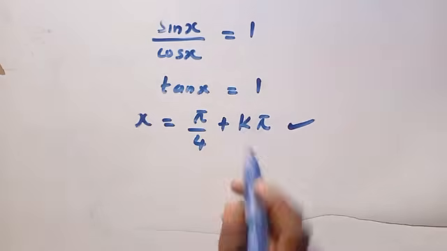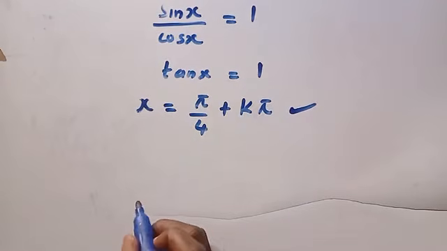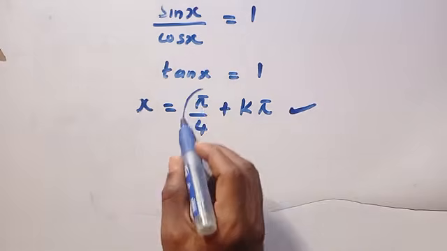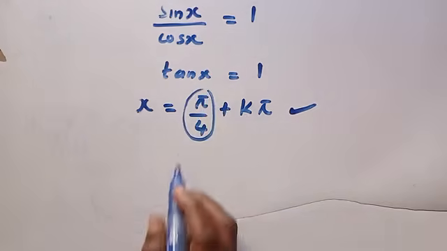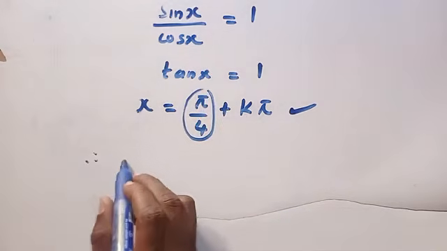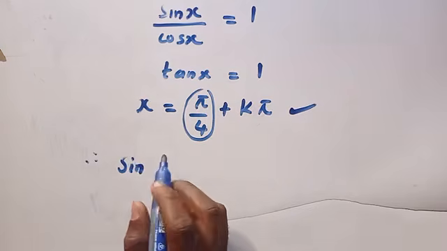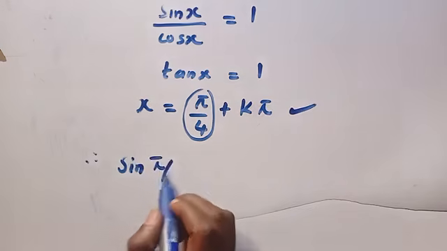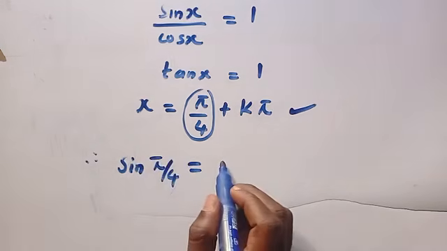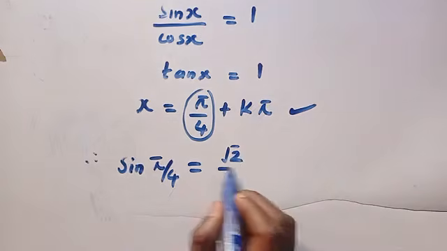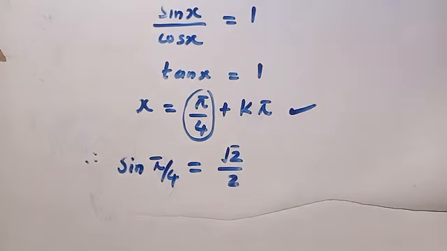And how do we know that this also works? Let's try and substitute. Since x equals pi divided by 4, if we substitute there, we are going to have sine of pi over 4. This is just square root of 2 over 2. That is, sine 45 is root 2 over 2.